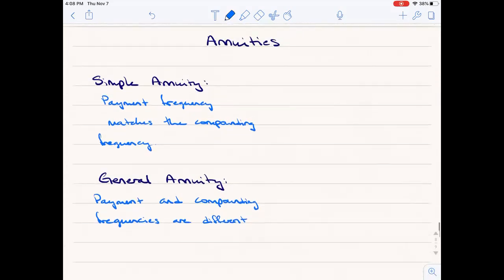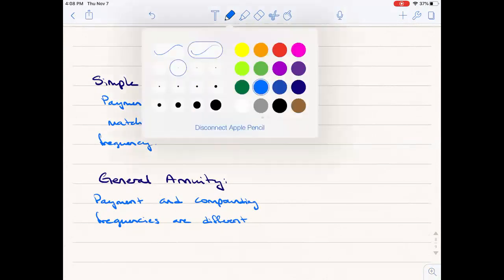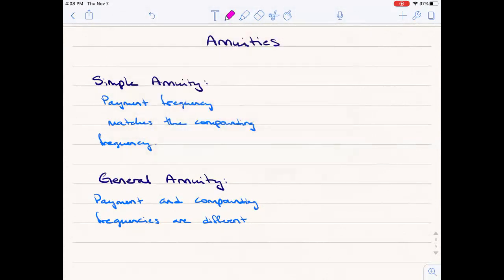Okay. So here, the simple and general annuities is just talking about, if I use this shorthand, the compoundings per year, if I use the calculator shorthand, right, this is kind of the title of this column, the compoundings per year, does it match the payments per year, right?